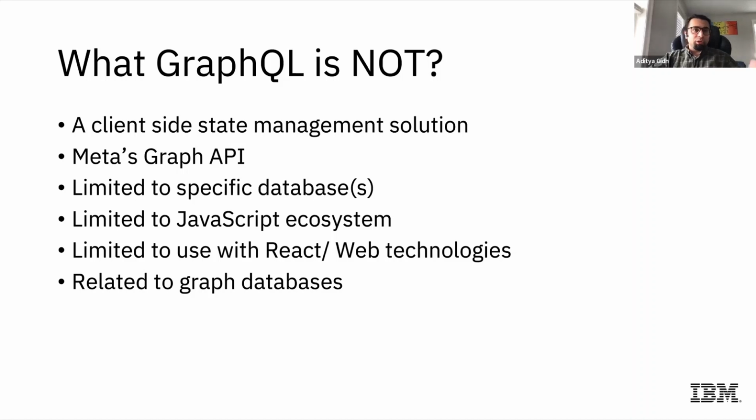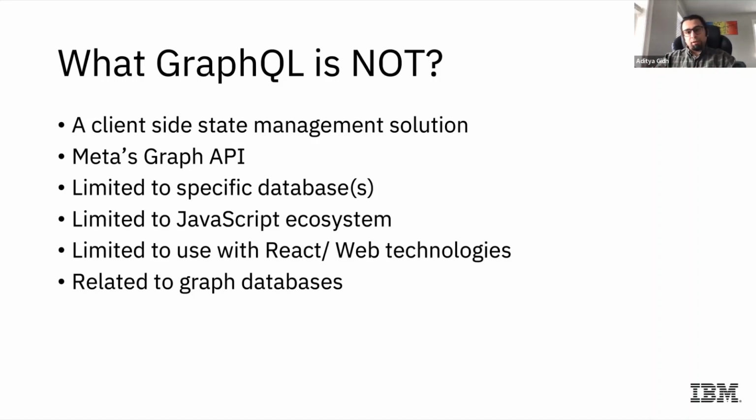People also confuse it with Facebook's third-party API, which is their REST API, but it is nowhere close to their Graph API. It's entirely different. Also, GraphQL is not limited to specific databases, because you have very few restrictions on the backend, and it can be used with a memory cache, or with relational or non-relational stores.